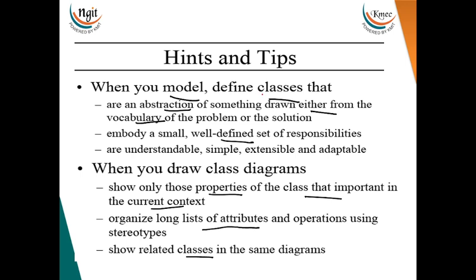When the model defines the class, are they abstractions? They are an abstraction of something, which can be drawn either from a vocabulary or something like that. When you draw a class diagram, show only the properties of the class that are important to the current context. Correct? And organize the list of attributes which are available. Show the related classes in one group.